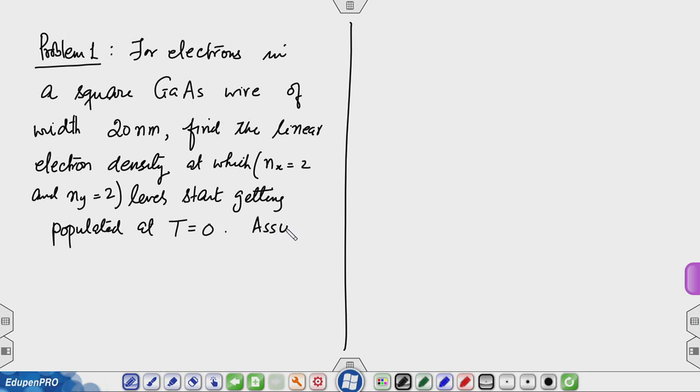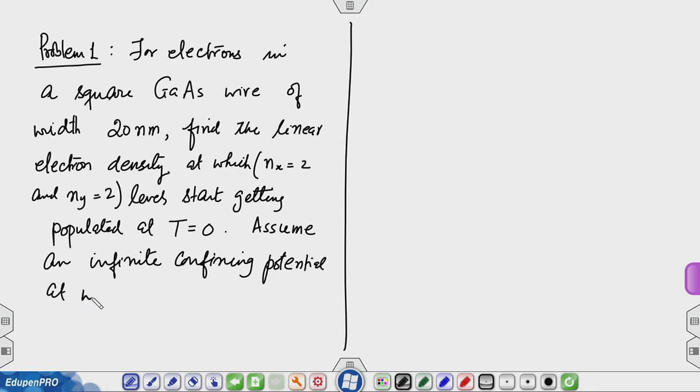Assume an infinite confining potential at wire boundaries.